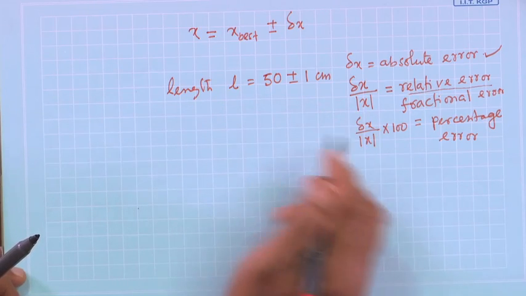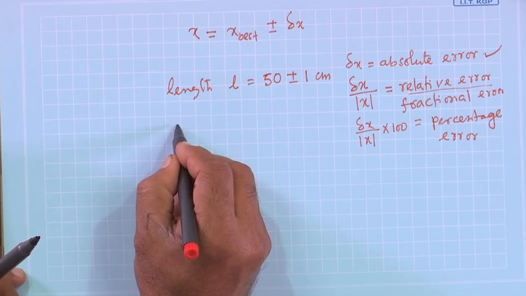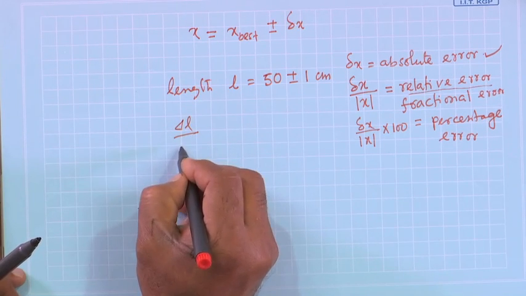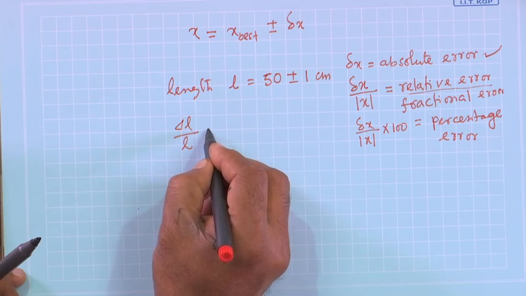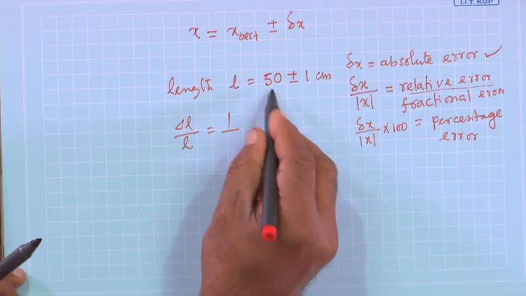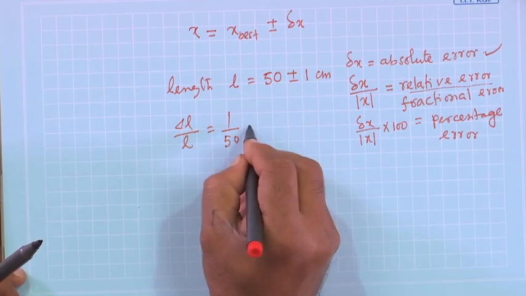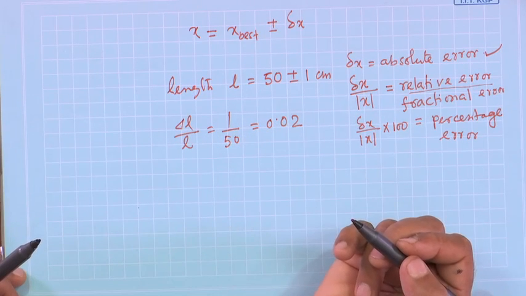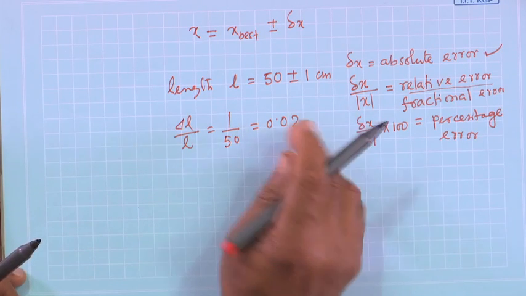What is the relative error here? In this case it is delta L by L, where delta L is 1 and L is 50. So this is basically 0.02. This will be the relative error.